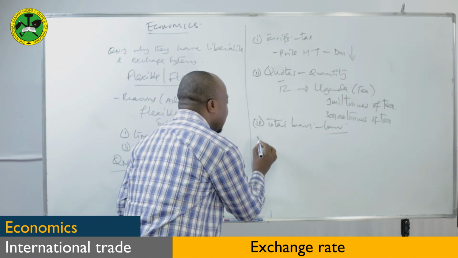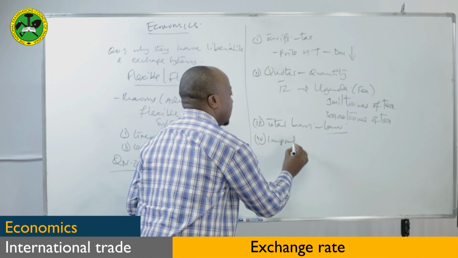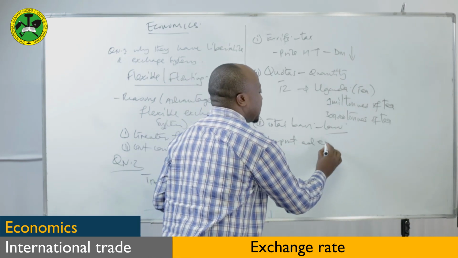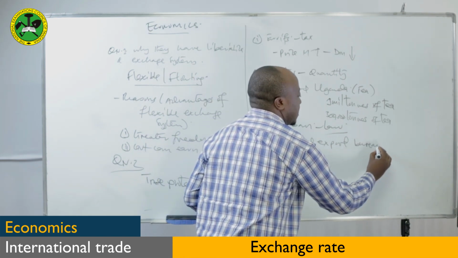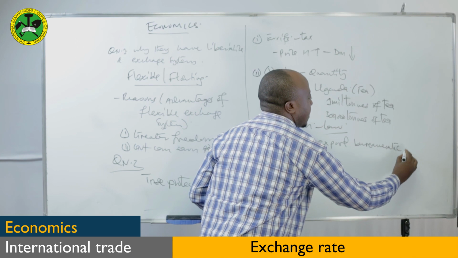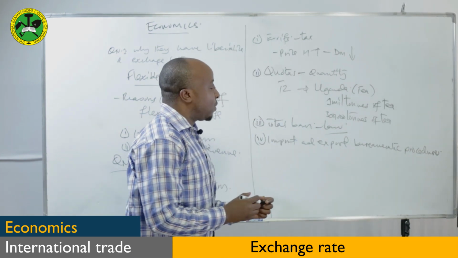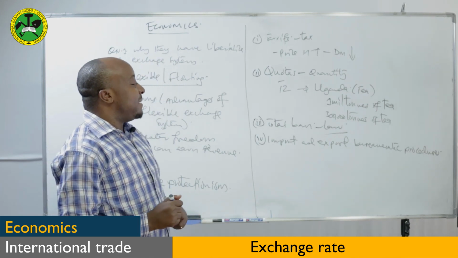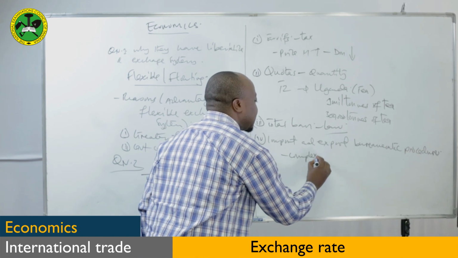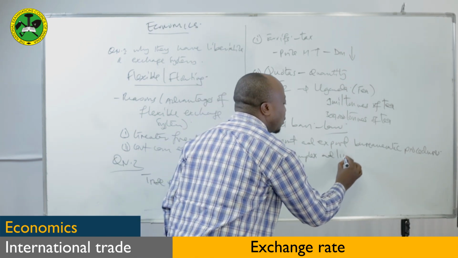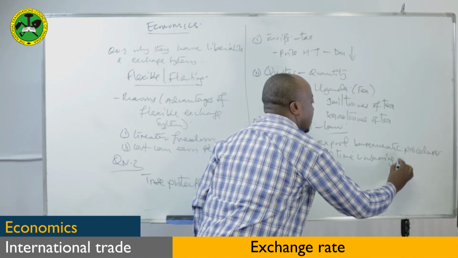Number 4, you can use the import and export bureaucratic procedures. Here, the government can impose complex and time-consuming procedures.